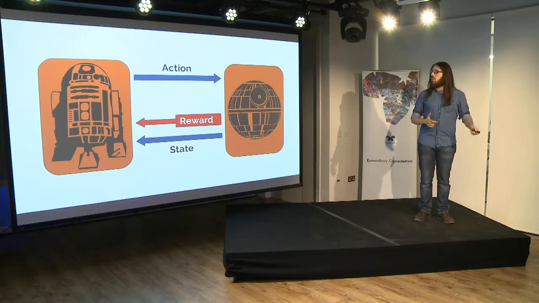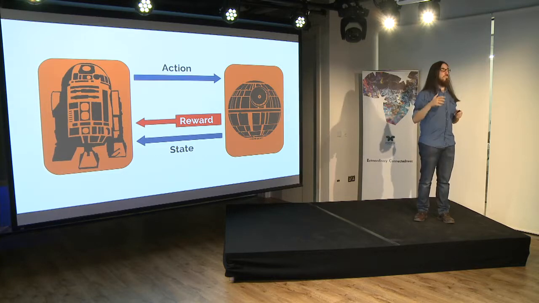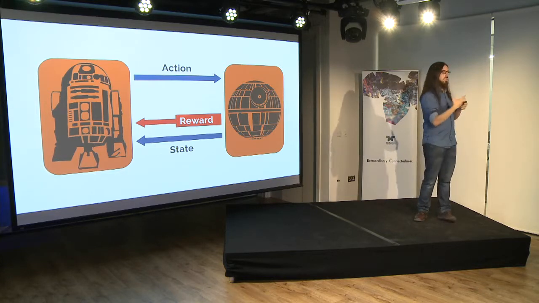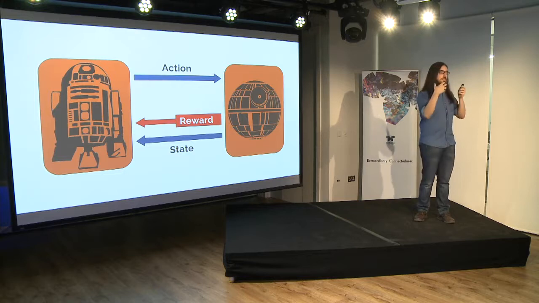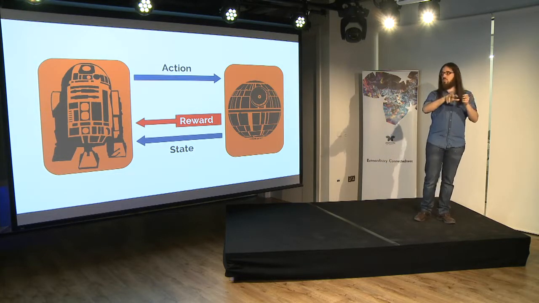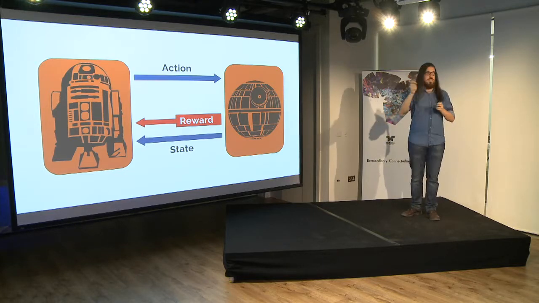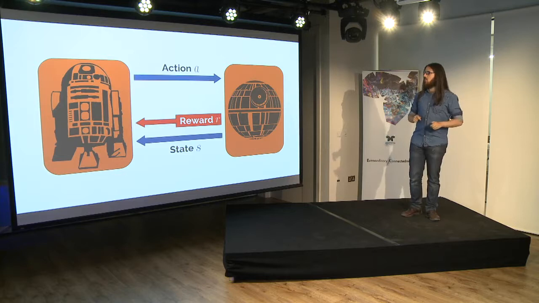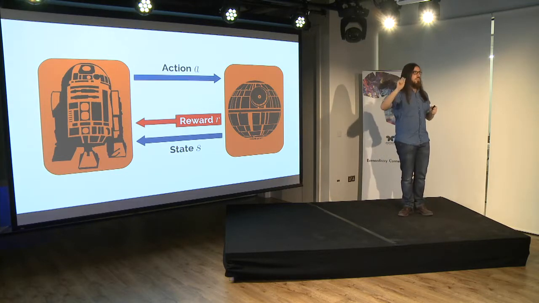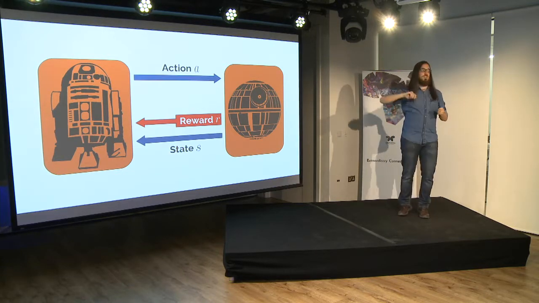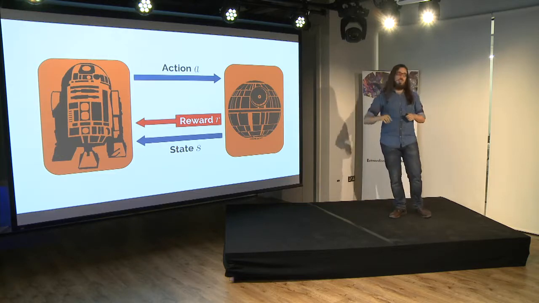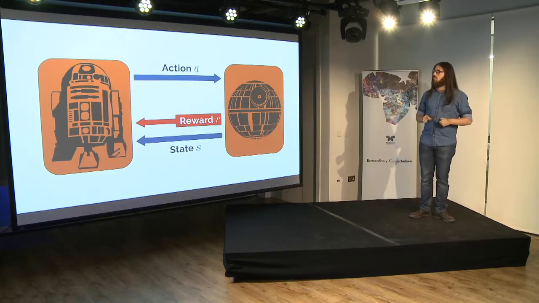And in return, it receives a reward, which is a signal of how well it's doing. For example, if you're playing the game of Pac-Man, your reward would be how many points you get every time you move. Just to make this more concise, I'm going to give them variable names. Actions are going to be called A, reward R, and state S, rather unsurprisingly.